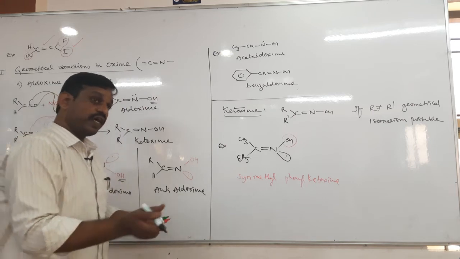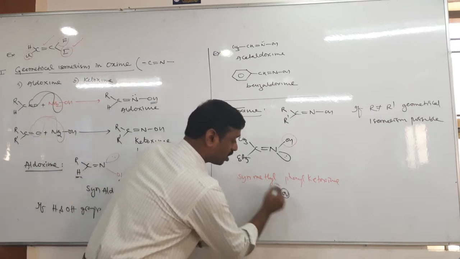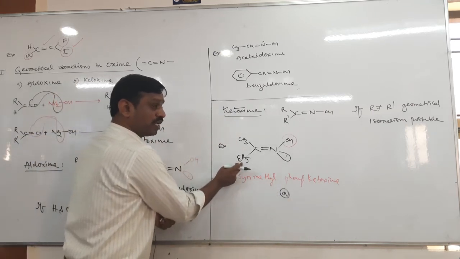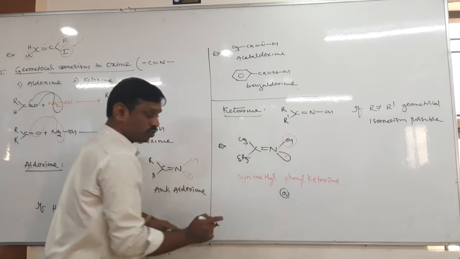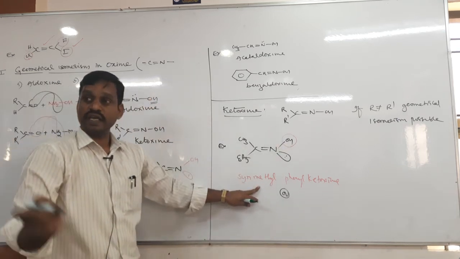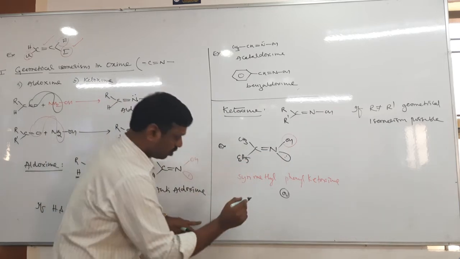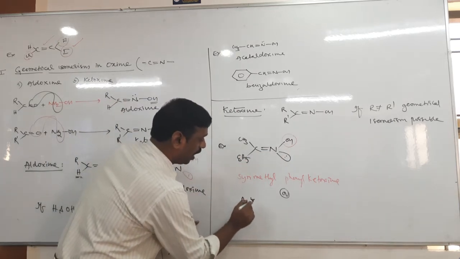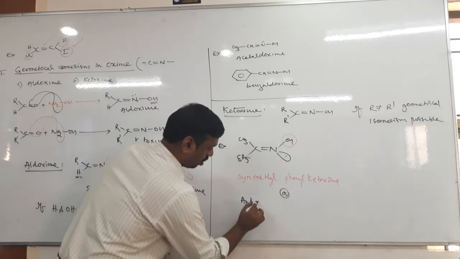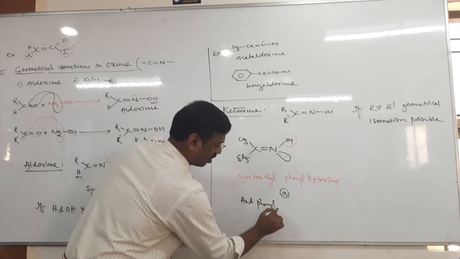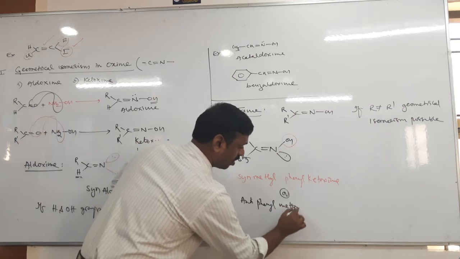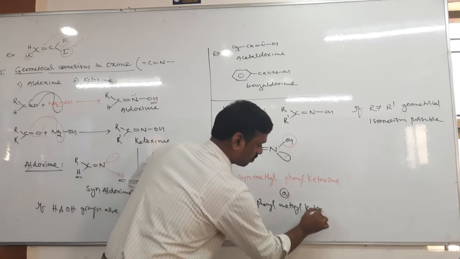Next, can I write another way? Another name: the phenyl group is opposite to OH, no? So therefore, instead of syn methyl, can I write anti-phenyl? Yes or no? That is also correct. Anti-phenyl methyl ketoxime.